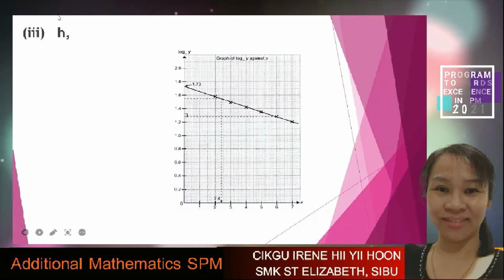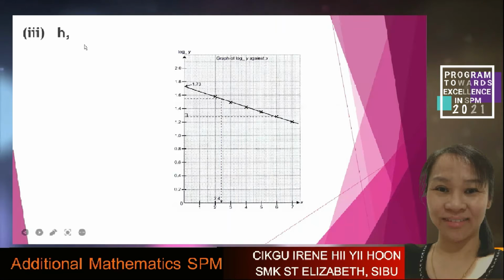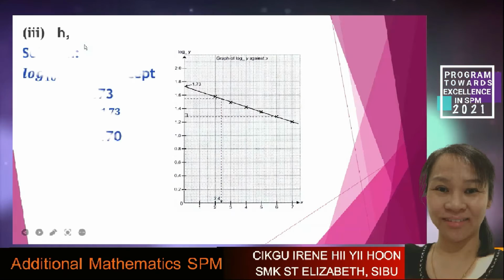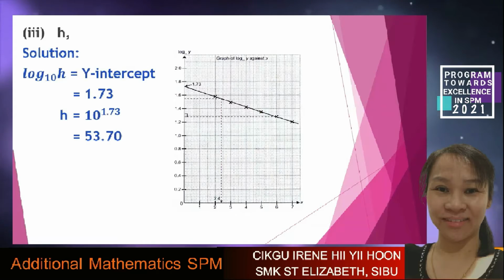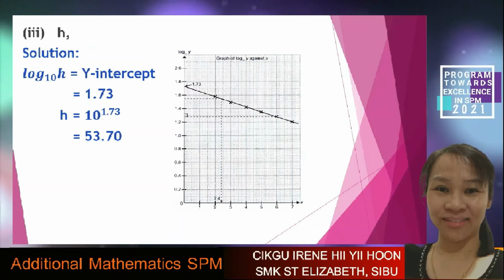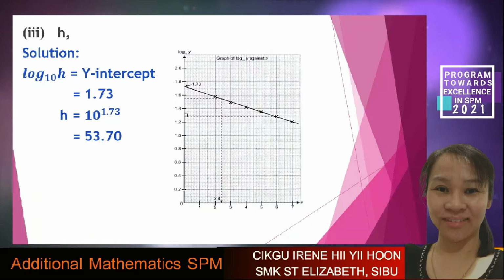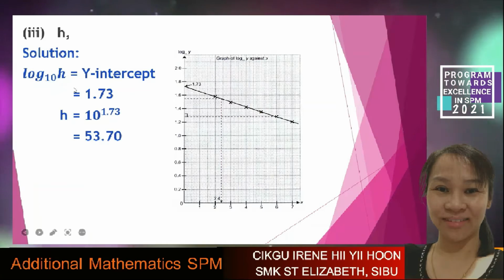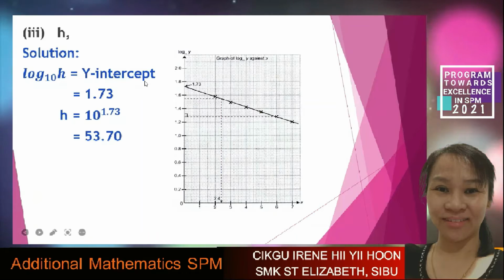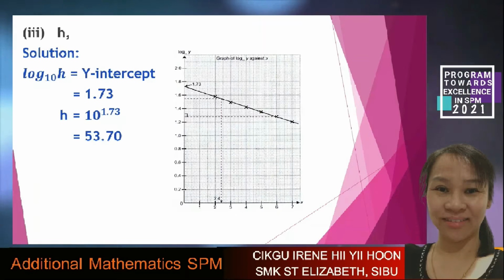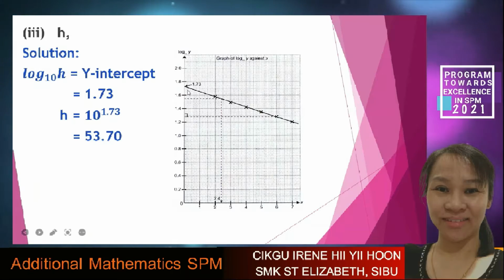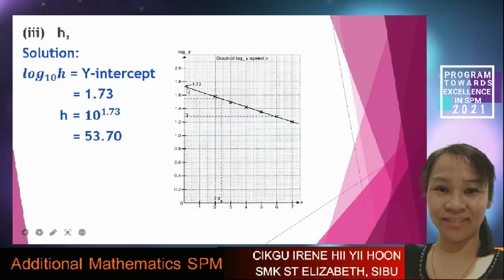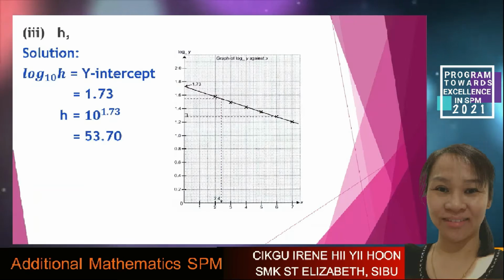How about the value of constant h? From the linear equation that we found, log h represents the y-intercept of the graph. And by referring to the graph, the y-intercept is equal to 1.73.